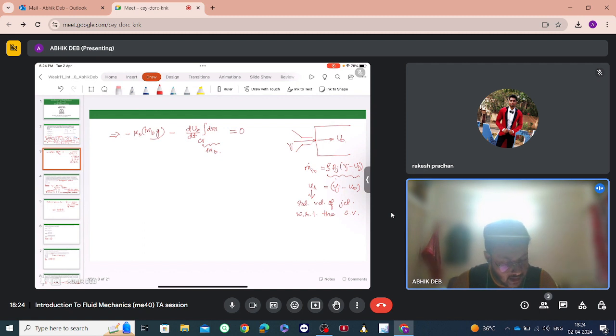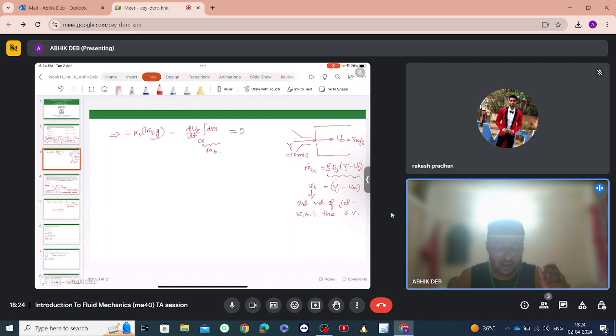The mass that is coming because of the jet is rho Aj Vj, but since the velocity Vj is not actually responsible for the entry of that mass into the control volume, the entry of the mass will be because of Vj minus ub. Say Vj is 10 meters per second and ub is 3 meters per second.